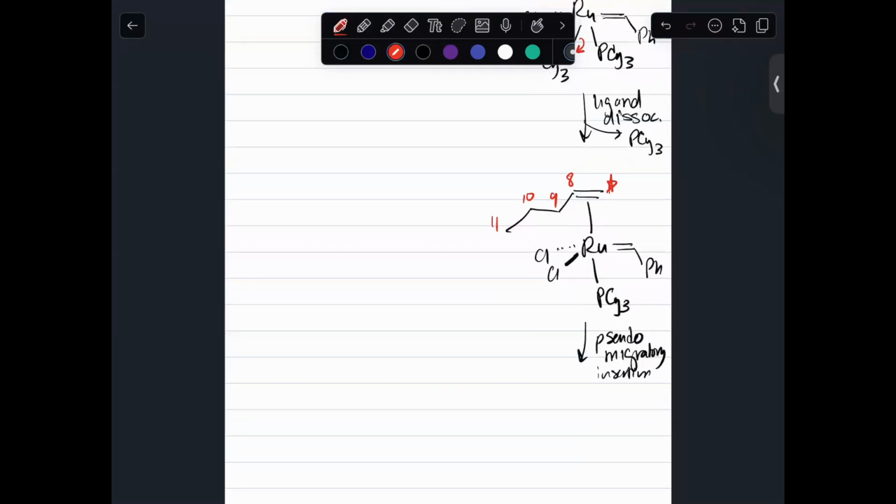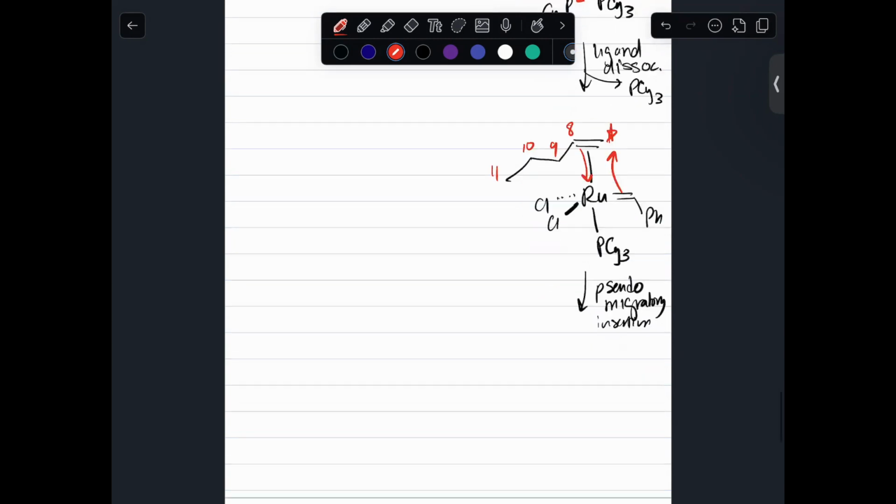Let me draw my arrows to this. Again, notice how the ruthenium, oh, I don't like that arrow, is adding to my more substituted carbon, carbon 8. That's rule number one, right? Form my metallocycle.